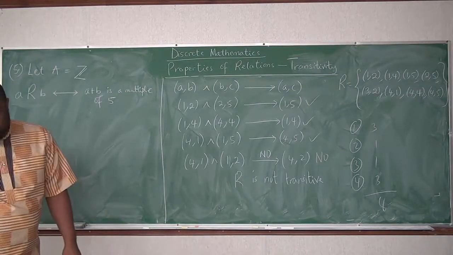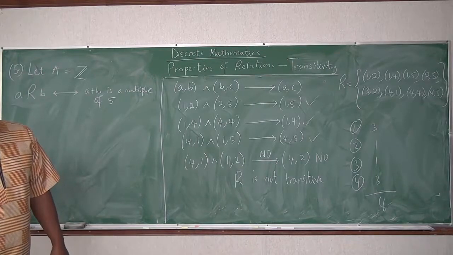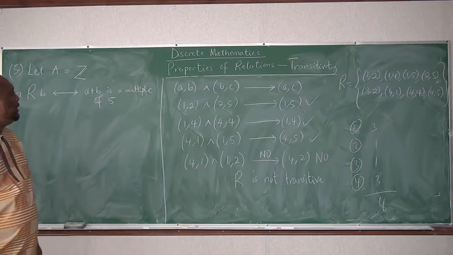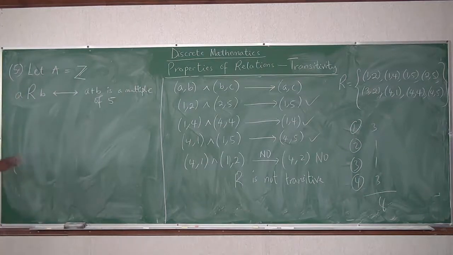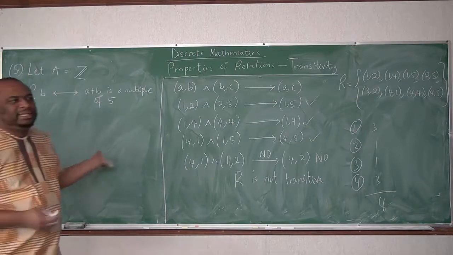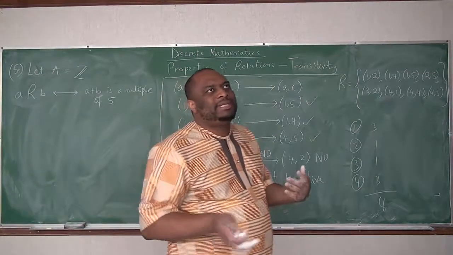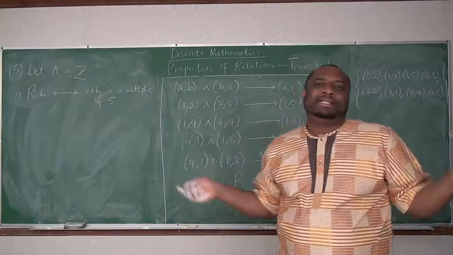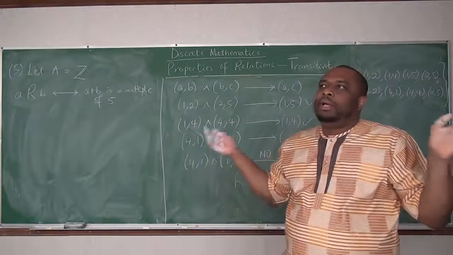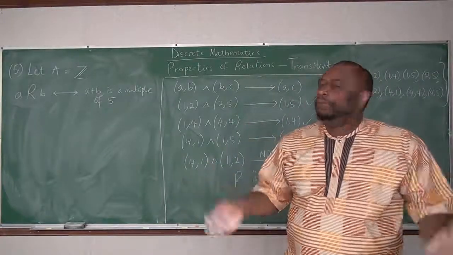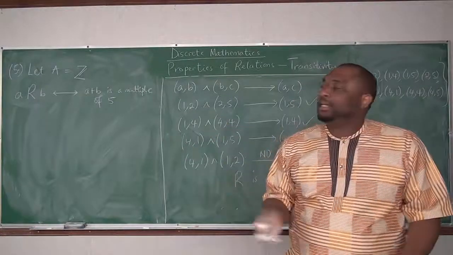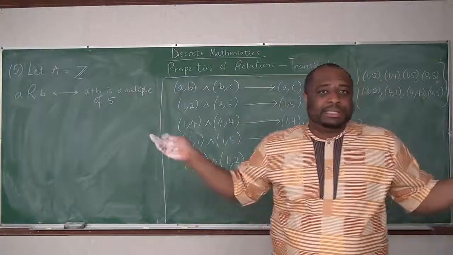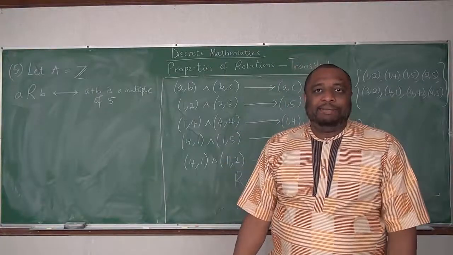And the question says, determine if it is transitive. Let's see this. We would be interested in finding any case whereby it is not, because set A is the set of all integers, it is infinite.